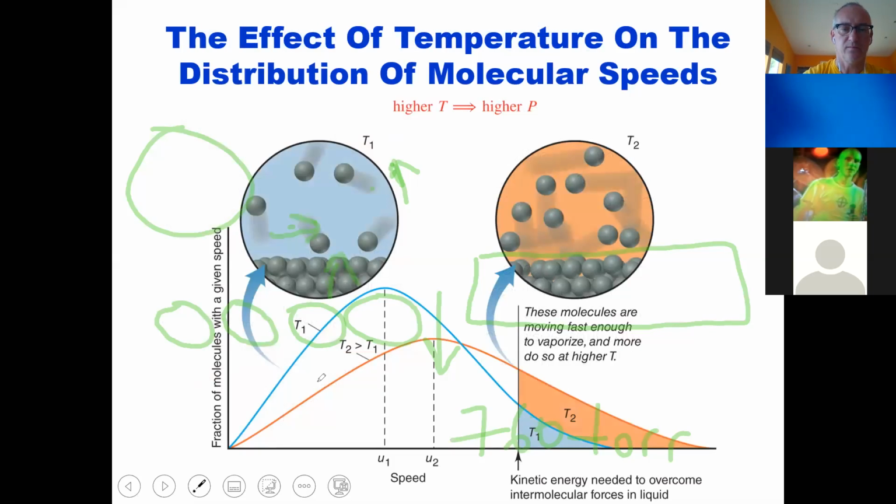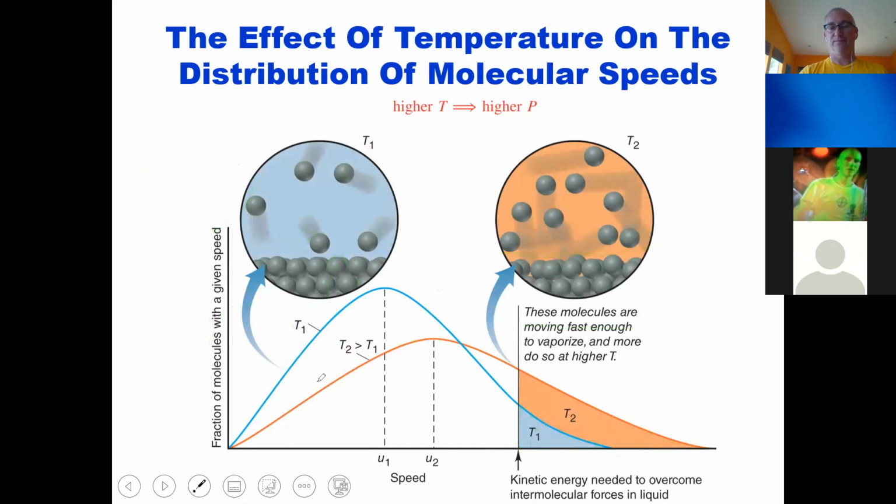And this should look kind of familiar. This was basically one of the last things we looked at in the gas laws. Remember, we have a distribution of the speeds of these different molecules based on temperature. So just like we did before, now, instead of looking at the effect of the mass, we're looking at the effect of temperature.